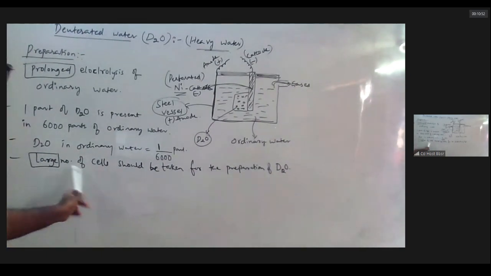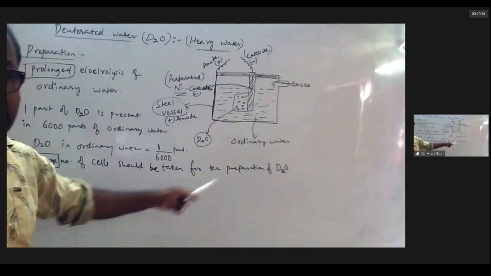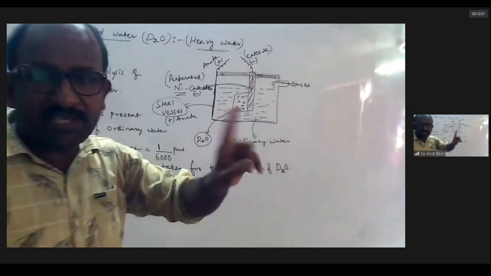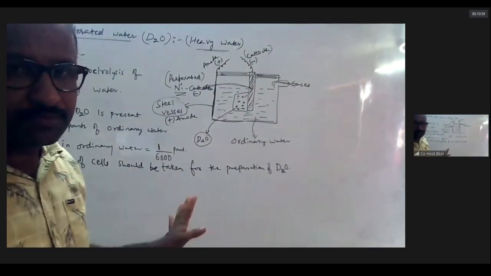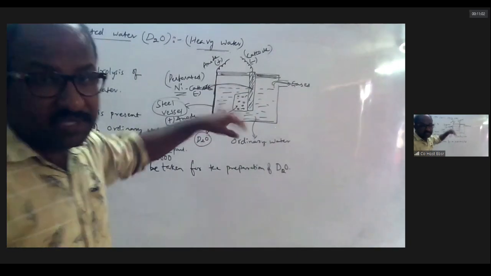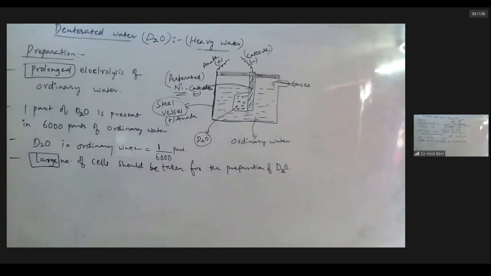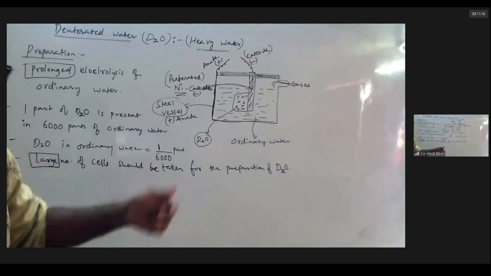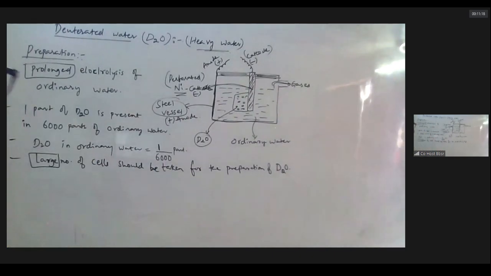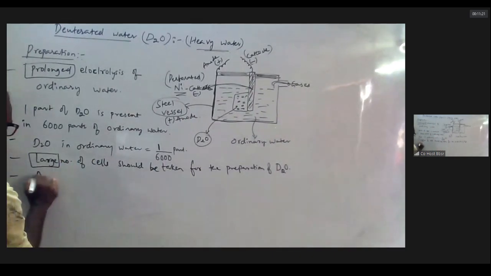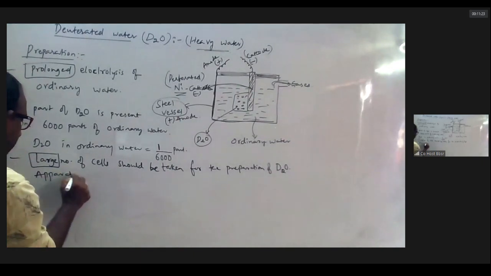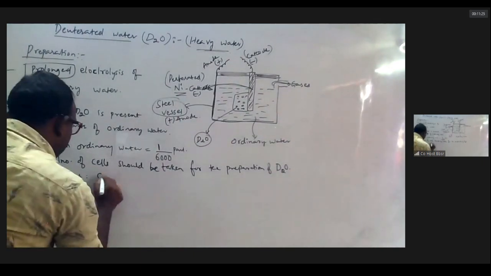Many large number of cells should be taken for the preparation of D2O. With a single cell, you cannot prepare D2O. So large number of cells and also prolonged electrolysis only, those conditions are possible for the preparation of D2O. Right? Next one, the apparatus used is, apparatus क्या है? Steel vessel.